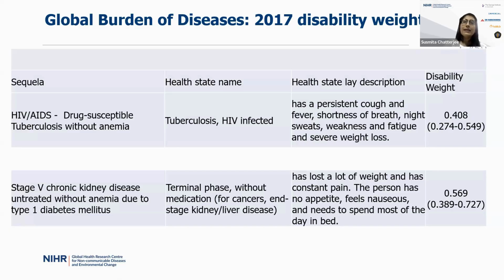But this is how the Global Burden of Disease group came up with them, and this is what researchers across the globe use, unless there is a country-specific list. So basically, this is the list you have to use for disability weight, and you can get your rates from here.